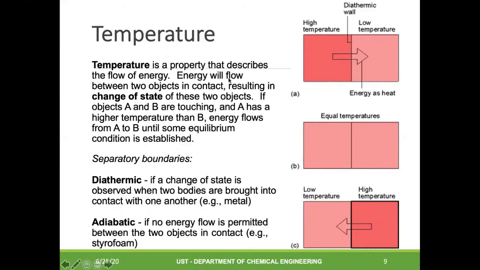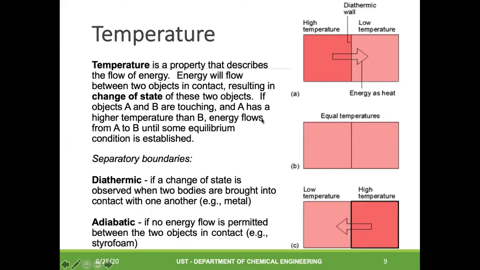Energy will flow between two objects in contact, which results in a change of state of these two objects. If objects A and B are touching and A has a higher temperature than B, energy flows from A to B until equilibrium is established.